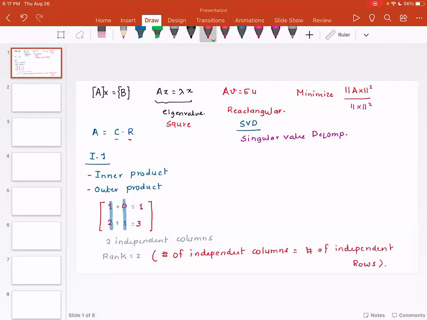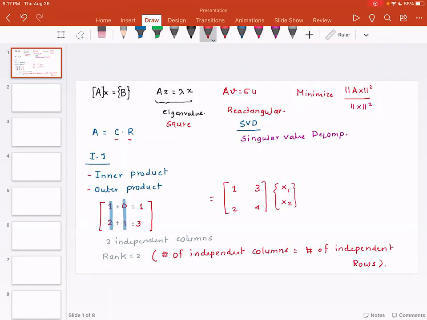So the next statement in this entire section that is important is that Ax is a linear combination of the columns of A. What does that mean? It means, suppose you have a matrix 1, 2, 3, 4, and you multiply that with a vector x1 and x2.